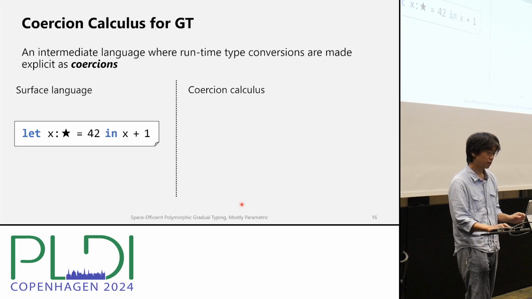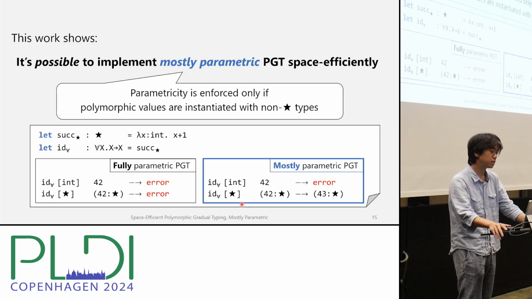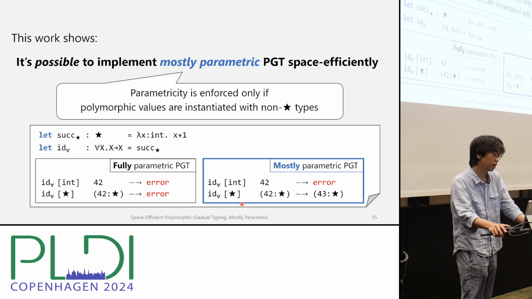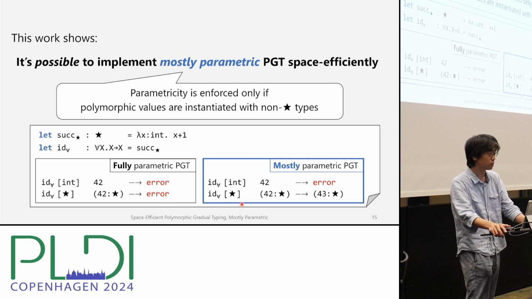Okay, so next, this is an overview of our work. Next, I will talk about why this restriction on polymorphism can lead to space-efficient implementations.